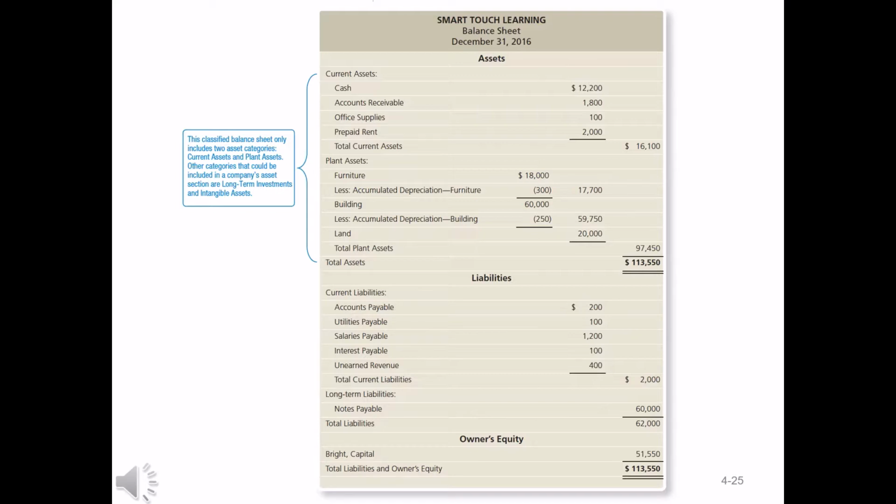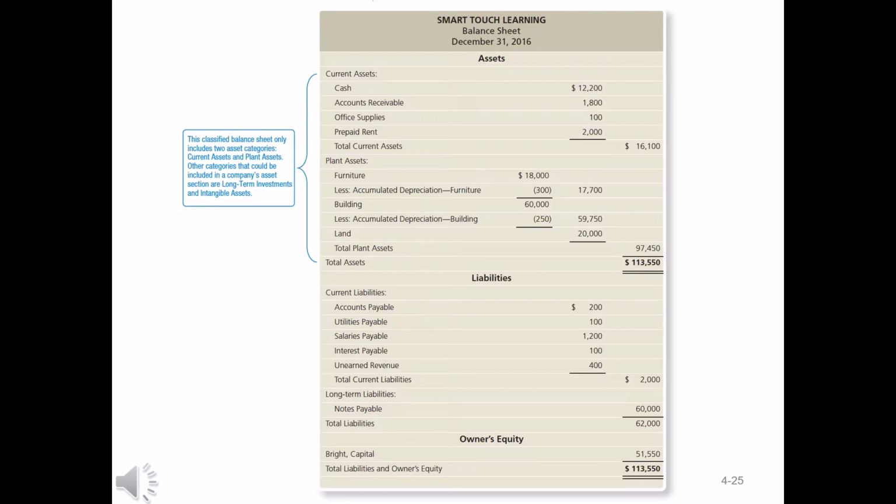For liabilities, we have current liabilities, which are obligations that we expect to pay within a year, and we have long-term liabilities, which are obligations we have but do not expect to pay them off within a year. There could be other classifications in other types of balance sheets, but these are the classifications that we are limiting ourselves to right now.